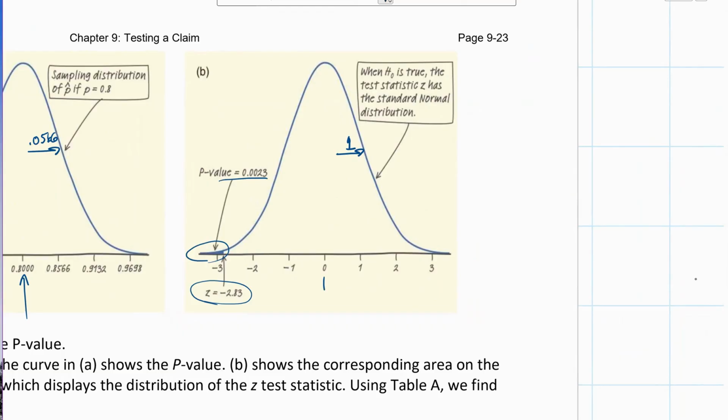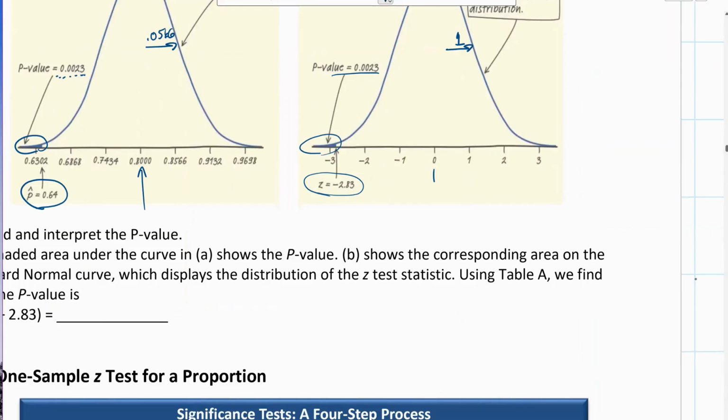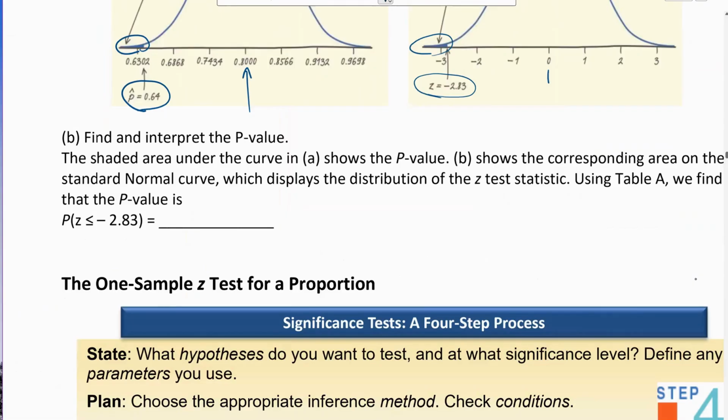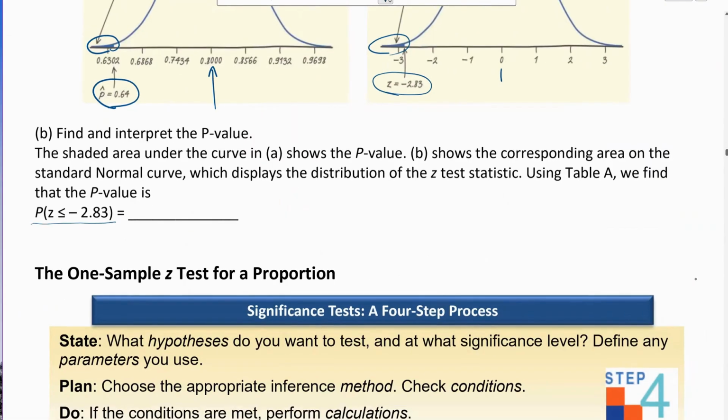They would like you to do those two steps: convert the outcome to the test statistic, and then use the test statistic to find the p-value. So in this case, we've got that the test statistic is negative 2.83, and then we're ready to use Desmos to convert that into a p-value.